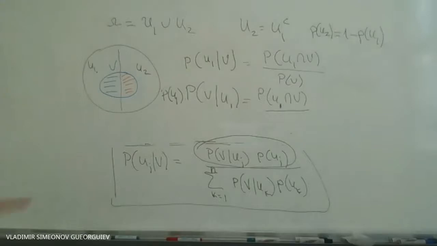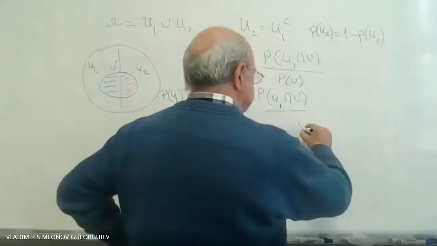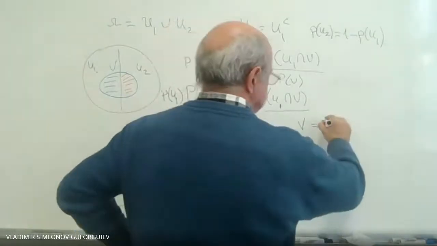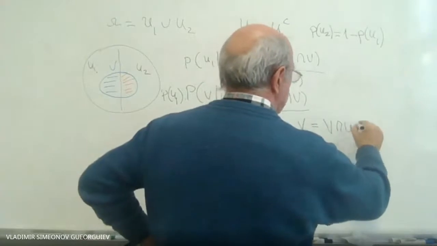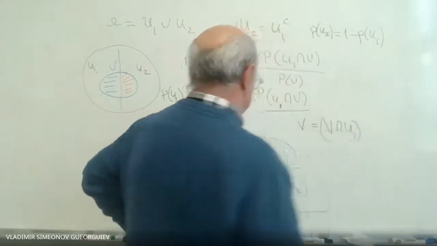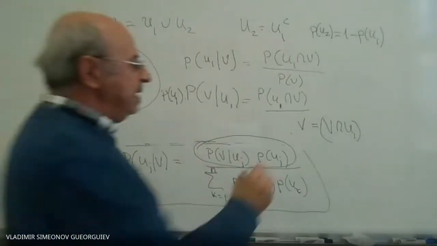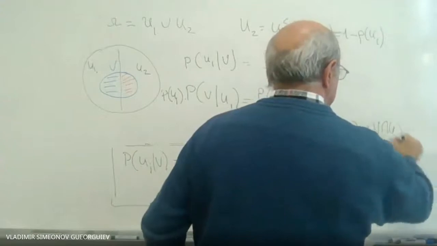What can we say about the denominator? For the denominator, we can say V is, first we take V intersected with U1, the blue part, and we add V intersected with U2.